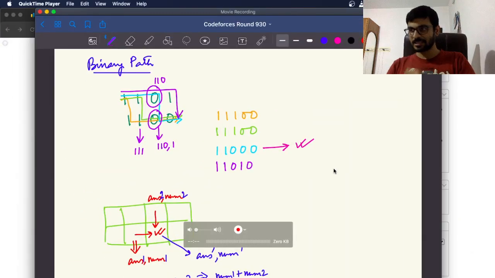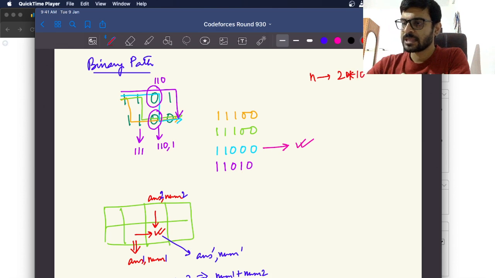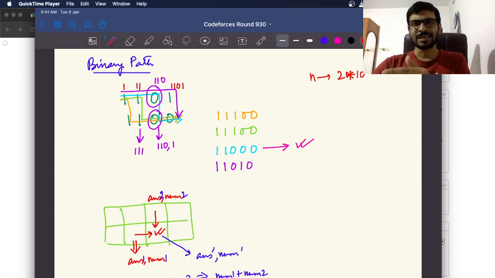So the thing is, if n goes up to 2 into 10 to the power 5, the problem is that from the left, whatever string we are forming, like over here it is 1, over here it is 1 1, over here it is 1 1 0, over here it is 1 1 0 1, it keeps on increasing.